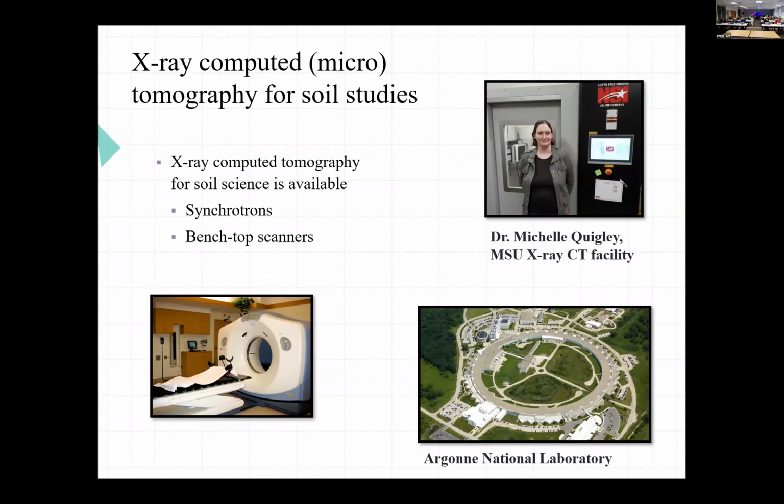A lot can also be done now with benchtop scanners like the one that you have here. That's the one we have access to at Michigan State University. Michelle is a great colleague who was most instrumental in collecting the scanning results that I will be showing.